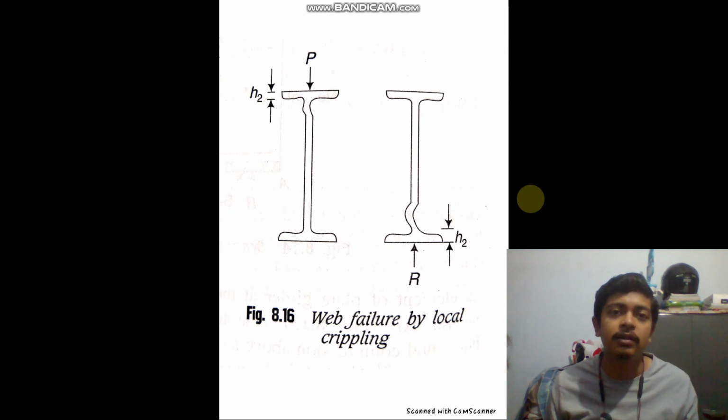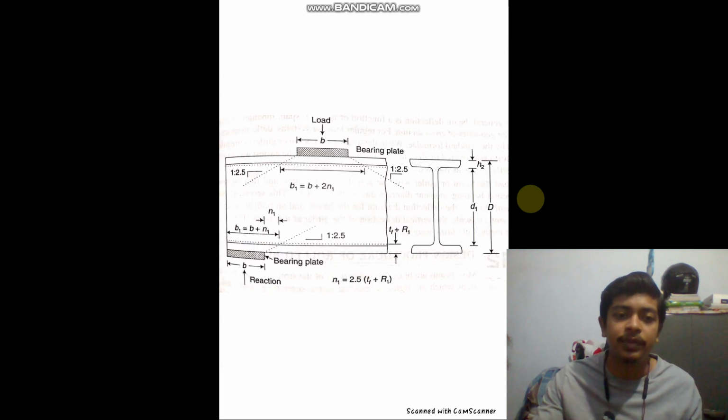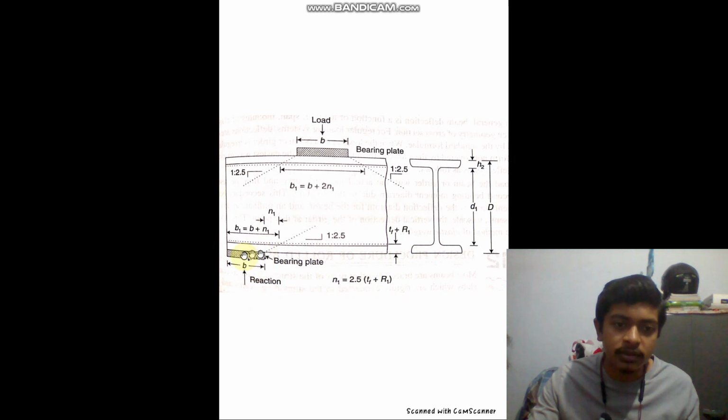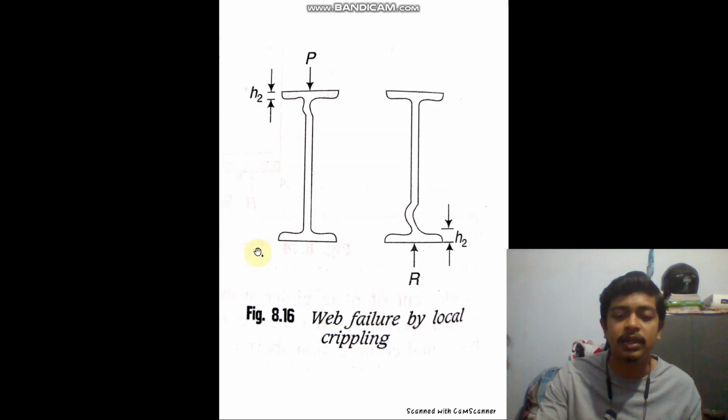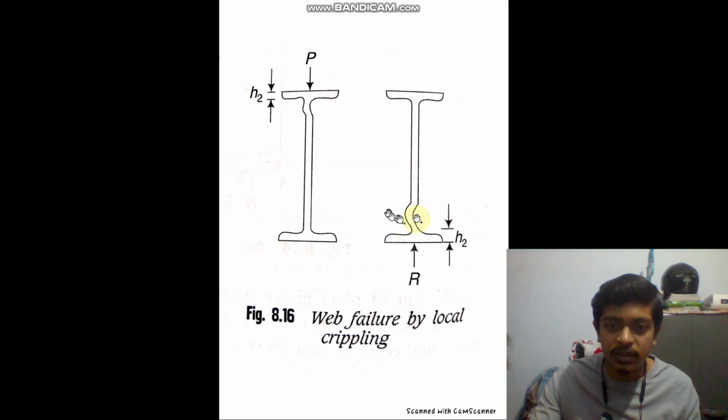All of a sudden the load is transferred into the support, and if you see this bearing plate, the beam is resting on this bearing plate and all the load above it is being transferred to this portion only. So this imparts a huge force in this region, or rather in the web, which is primarily responsible for transferring the load to the support.